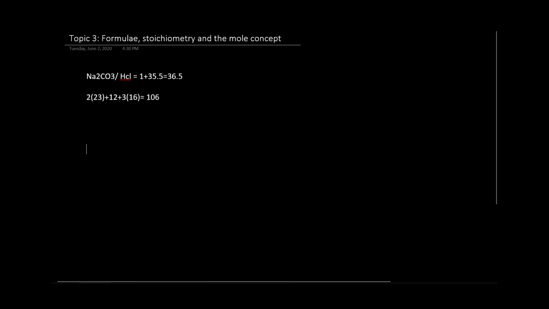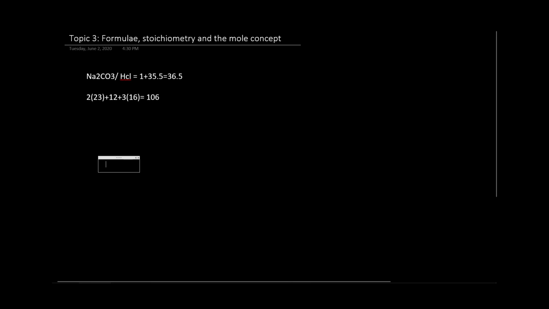So what you do is you just divide the mass of that particular element by the total mass, and then multiply it by 100 to get your percentage composition, right? So for instance, you've been asked to calculate the percentage composition of sodium in Na2CO3.